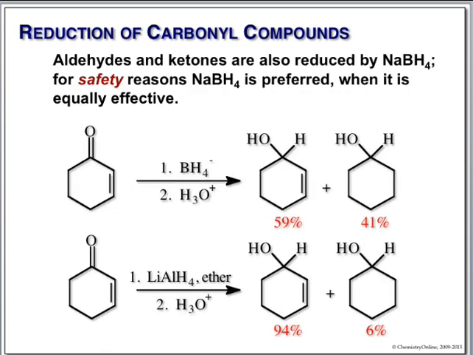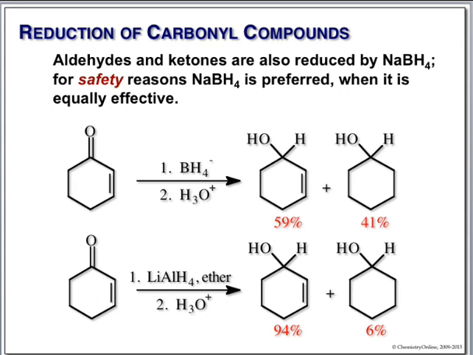Now, I said that lithium aluminum hydride was a very effective reagent, and it is. If we take this particular carbonyl compound, we have a double bond and we have a carbonyl. We have nice selectivity.